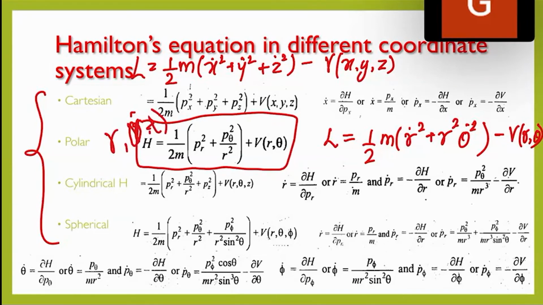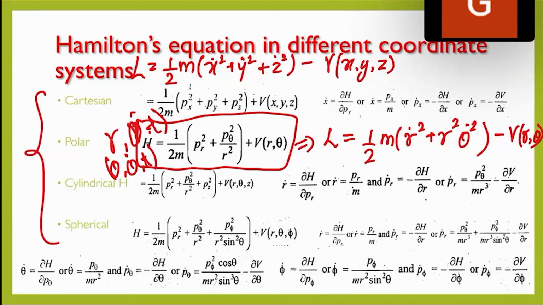Two generalized coordinates here, so it will be r dot(t), theta dot(t). Okay, now one more thing I would like to point out here is, as you can see, there is one cyclic coordinate. Which coordinate is missing? As you can see, we have r dot.